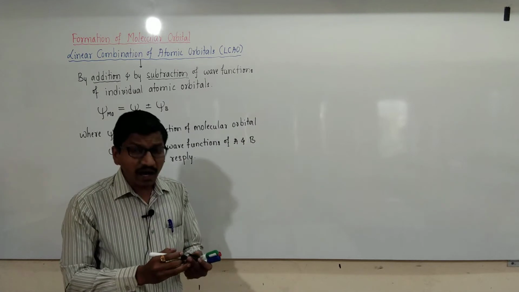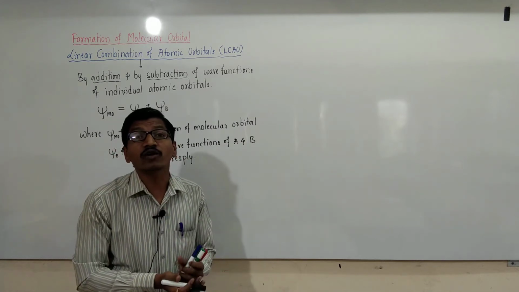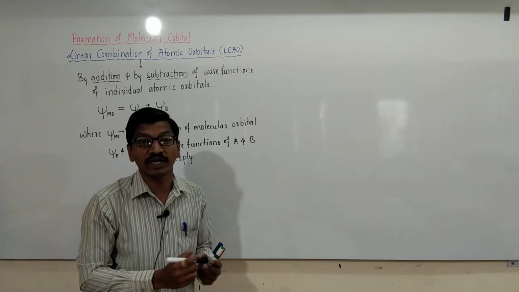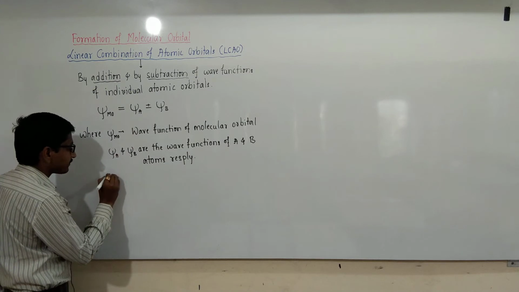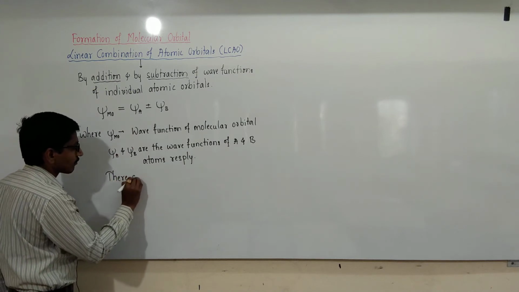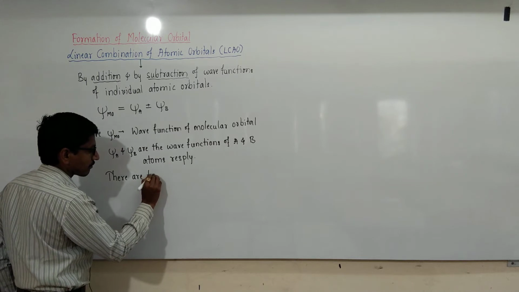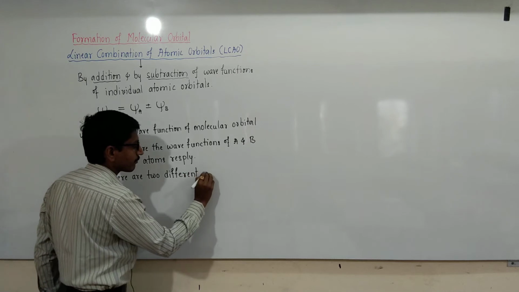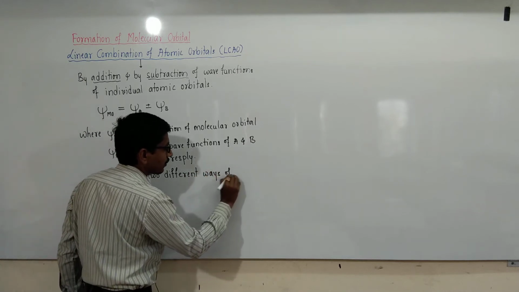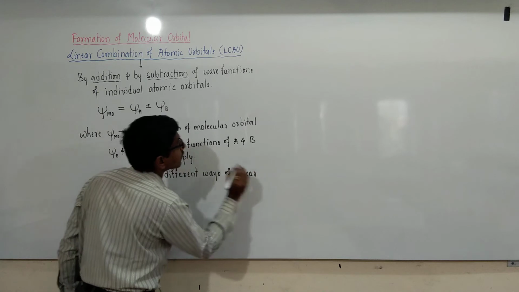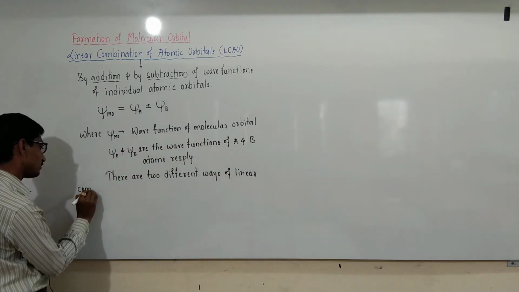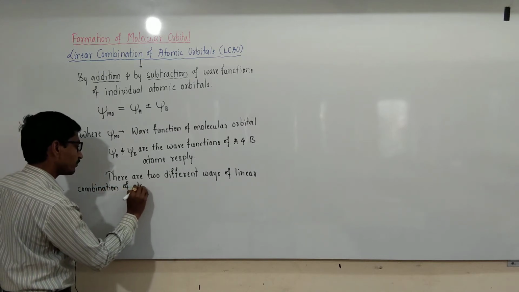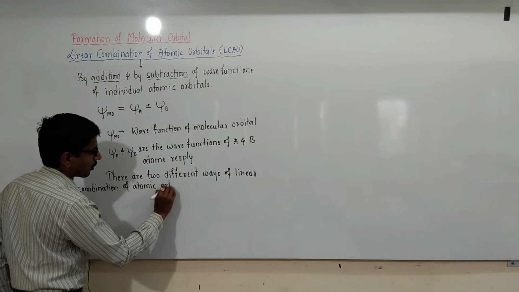There are two different ways of linear combination of atomic orbitals.